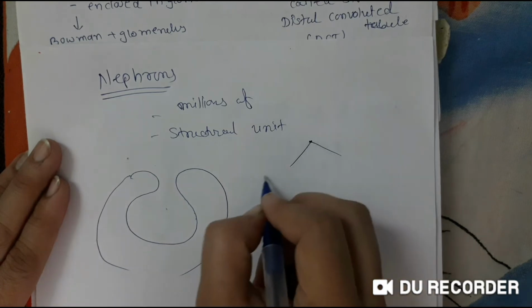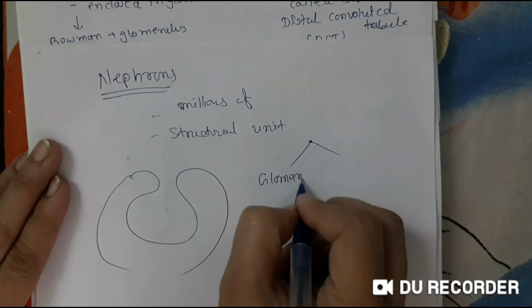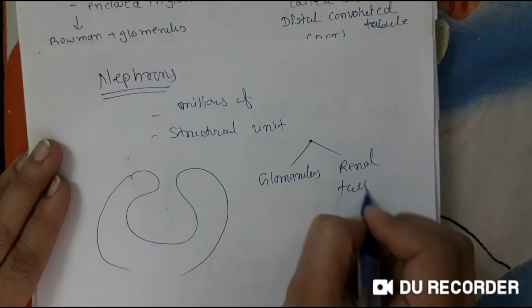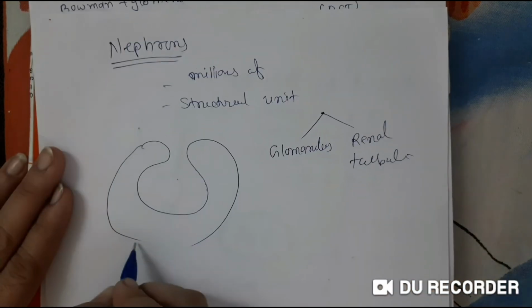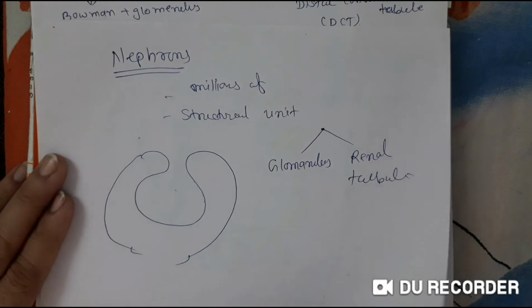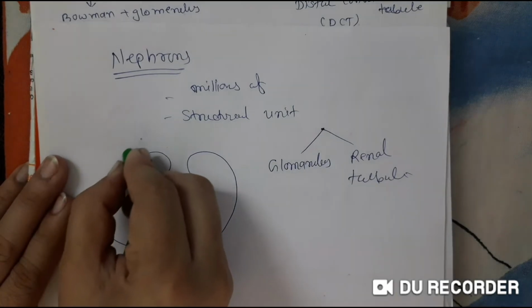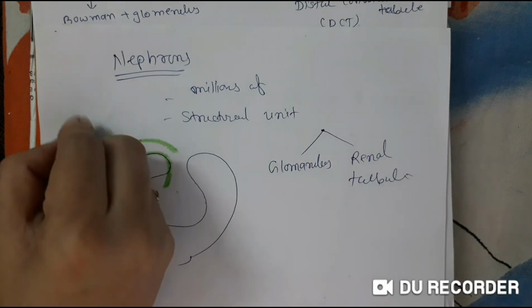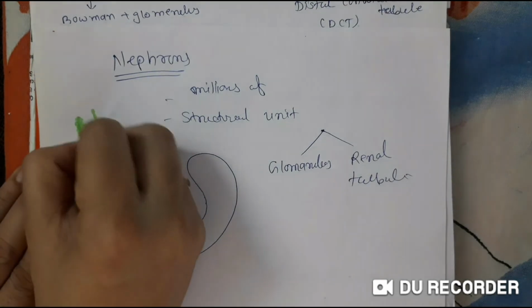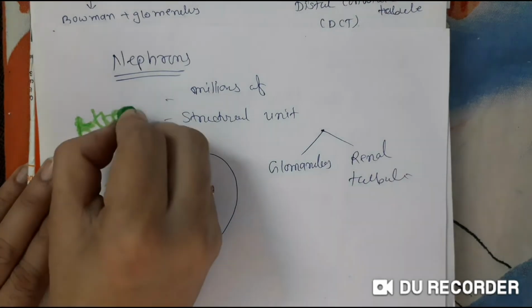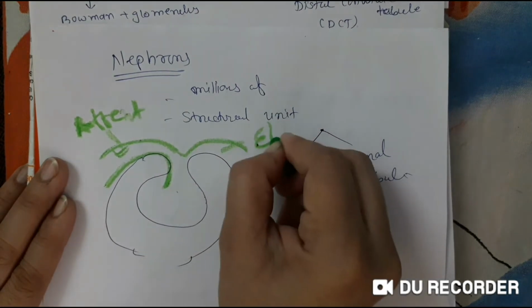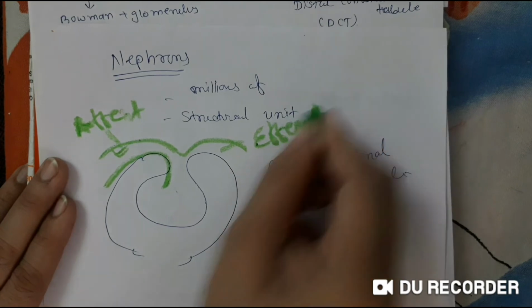Two things are there, the glomerulus and the renal tubule. This is the Bowman's capsule. Inside the Bowman's capsule, a renal artery enters. That is called the afferent artery. And the one that leaves is called the efferent artery.